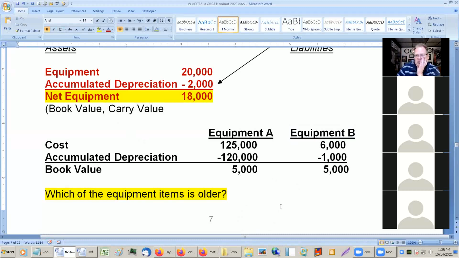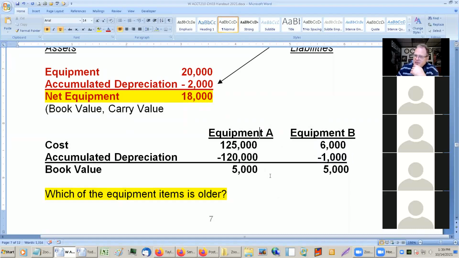Which one is probably older? Which one's been depreciated more? Equipment A. Yeah, A is older, right? It cost $125,000, but we've depreciated almost all of it. There's quite a bit depreciated there. Equipment B costs much less and it's only depreciated a little bit. So equipment A is much older.